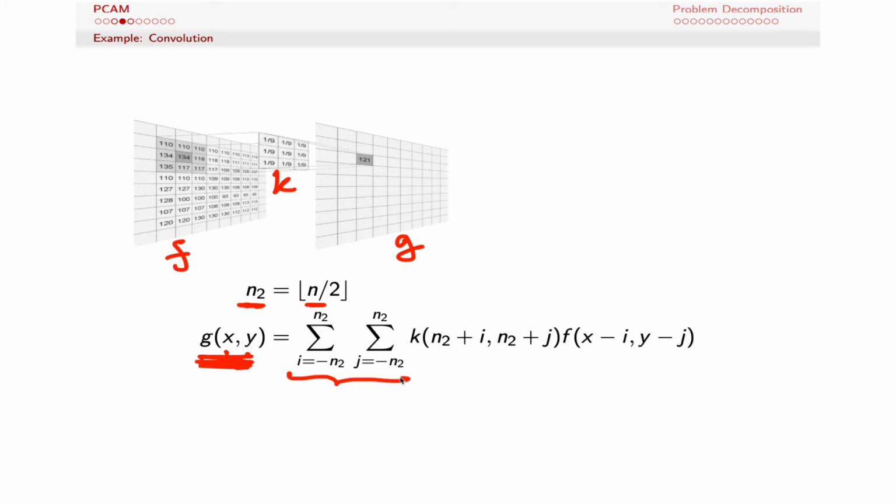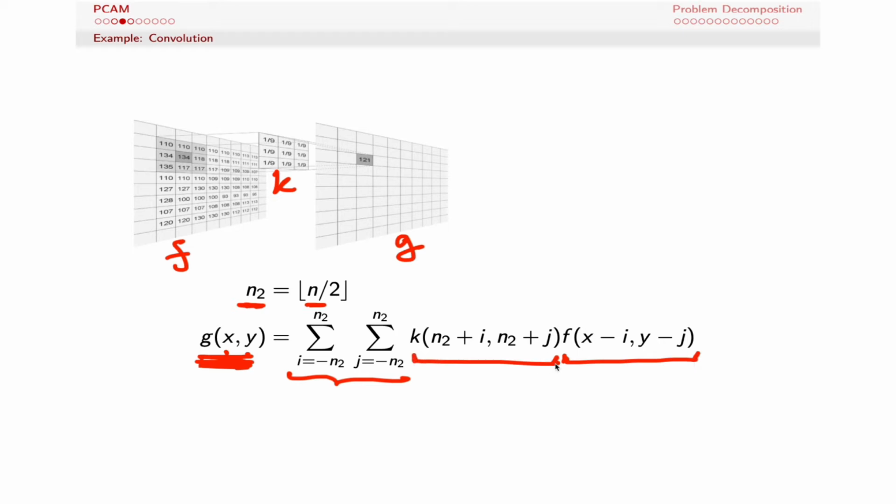So we've got i going from negative n/2 to n/2, and j going from negative n/2 to n/2. And we're going to use those two indices, i and j, to pull out information from the original image and from the kernel.